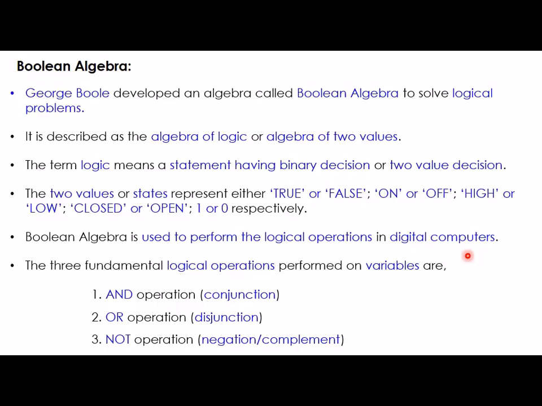These are the three basic Boolean operations or logical operations that are performed by digital computers in order to follow our command, or to process the given information as per our instructions. Now we will discuss in detail these logical operations: AND operation, OR operation, and NOT operation.